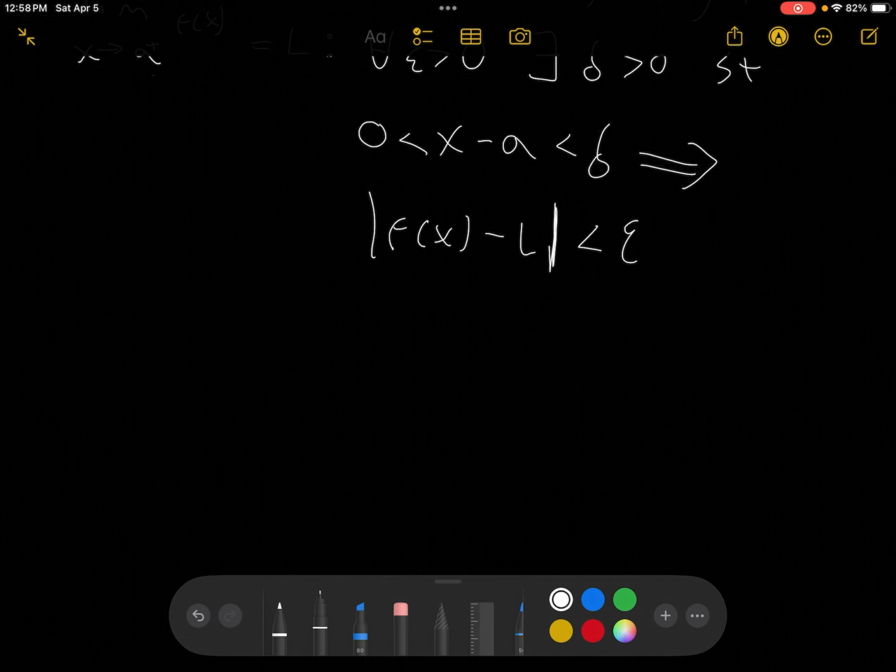Now the last kind of limit we can define is that the limit does not exist.